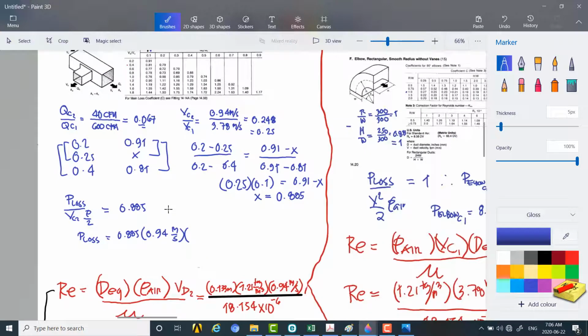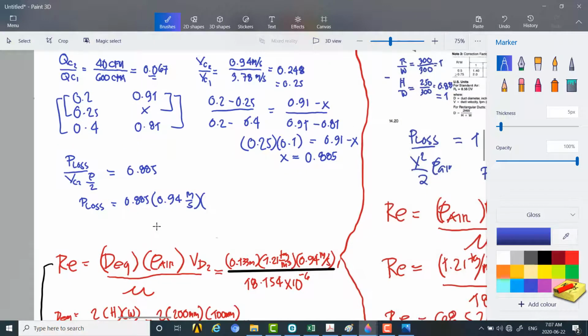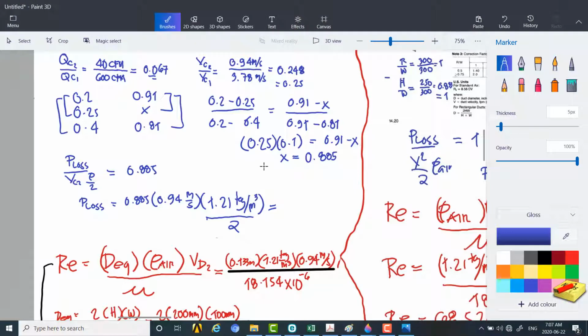What is our density? Referring to the density of your air, that will be 1.21 kilogram per cubic meter. Then we divide by 2. Finally, we have the value for the P loss on that section. So we have now the pressure loss of 0.5 Pascal. Checking the units again from time to time.